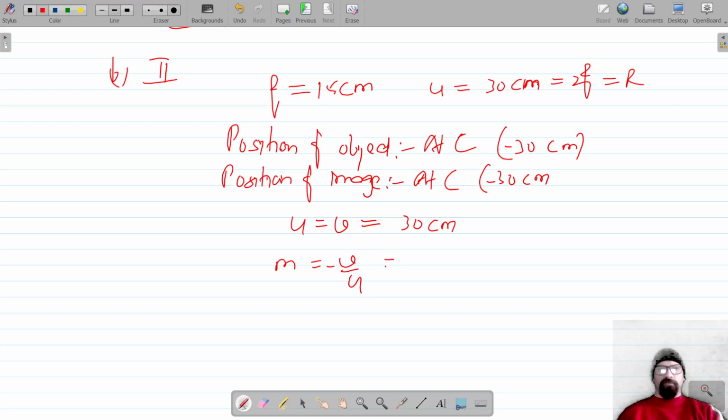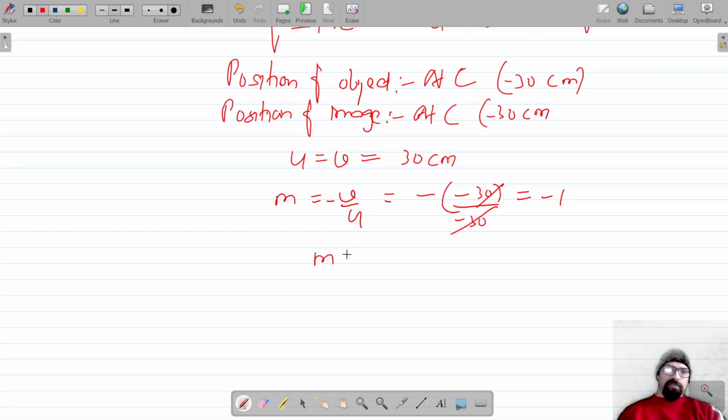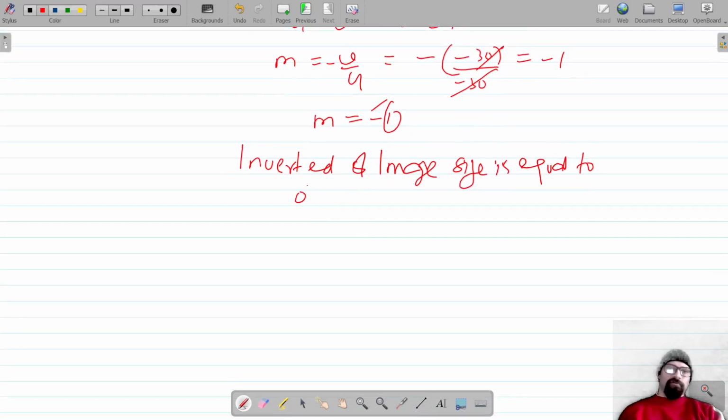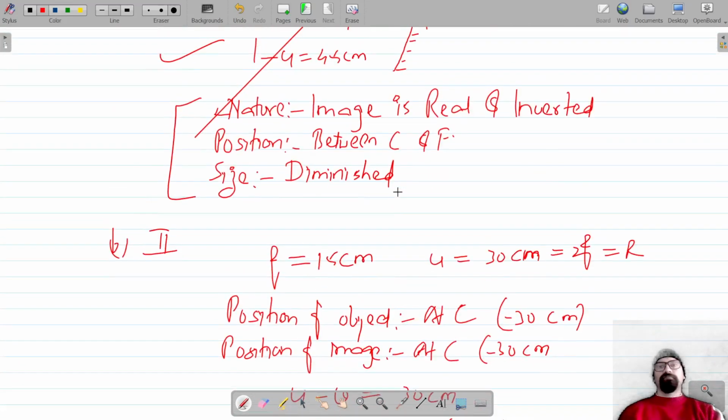Negative means inverted, and 1 means that the image size is equal to object size. I will also show you how. So image size is equal to object size.